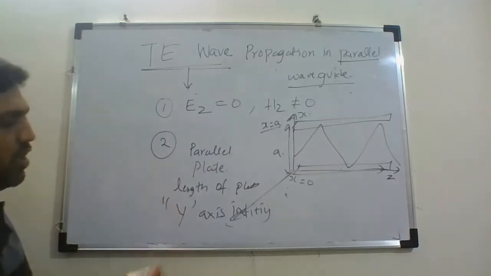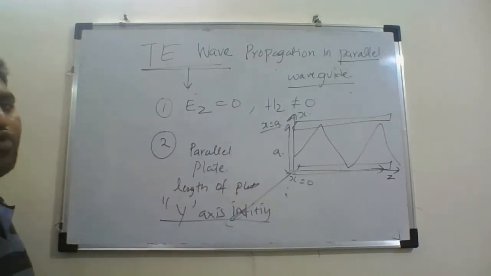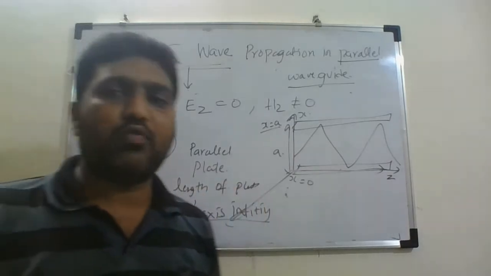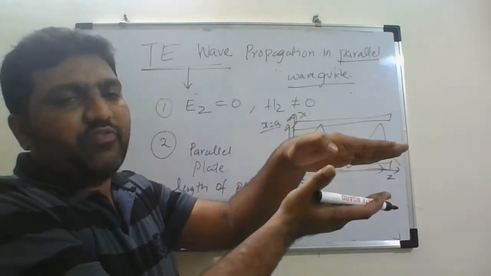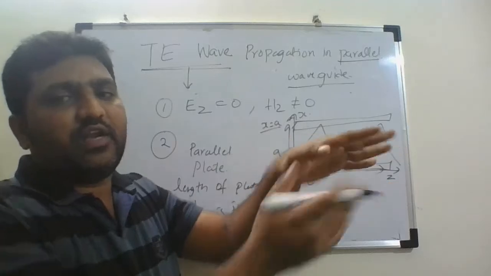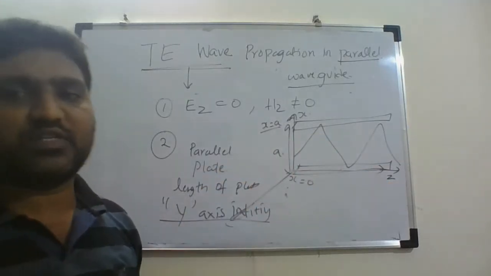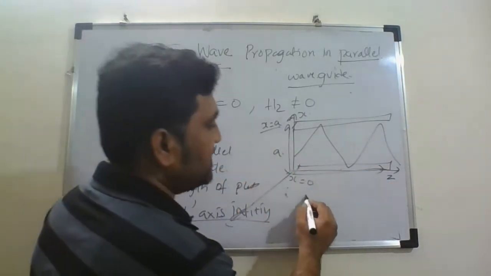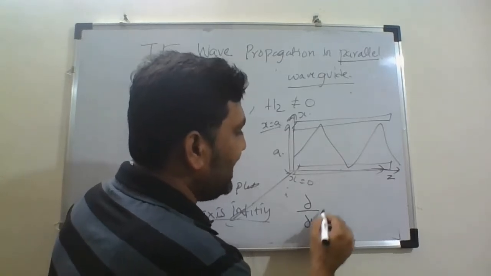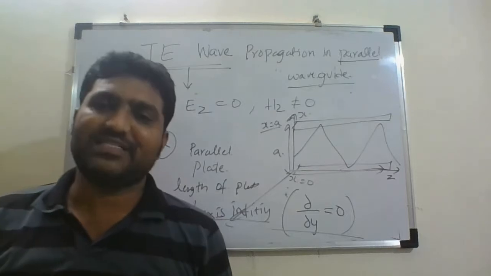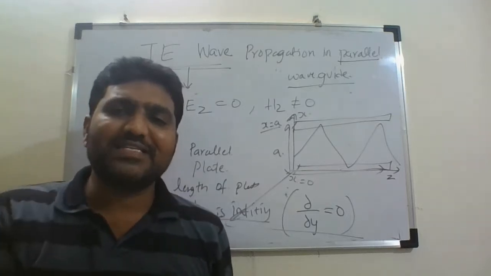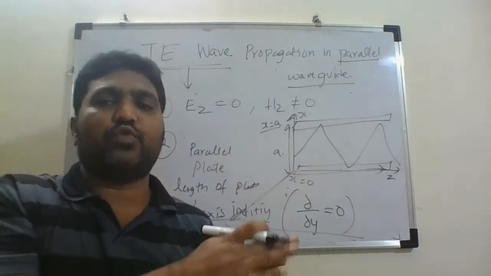So along the y-axis there are no boundary conditions, and the plate is extending towards infinity. In this case, any derivative with respect to y is always equal to 0, because y is extending from minus infinity to infinity.